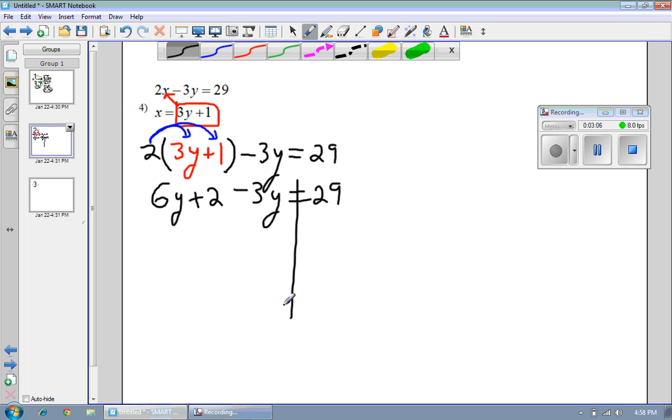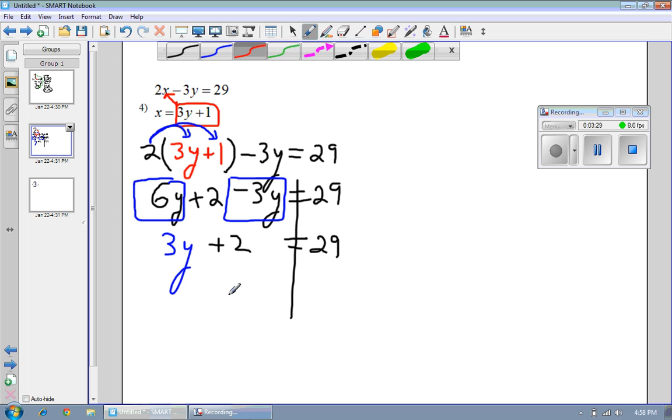It's a classic equation. We draw our line. We look at the left-hand side up here and we think to ourselves, what matches? What goes together? What are my like terms? How about that 6y minus 3y? 6 minus 3, that just leaves 3y. And then we'll have plus 2, we didn't do anything to that, and is equal to 29.